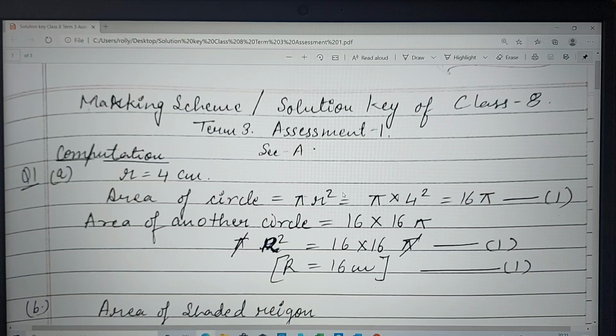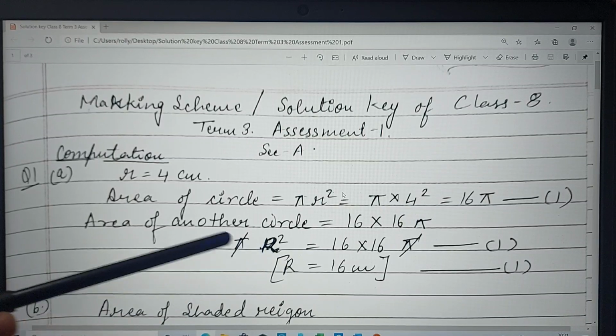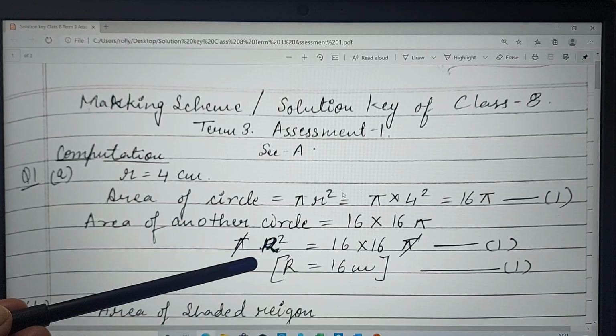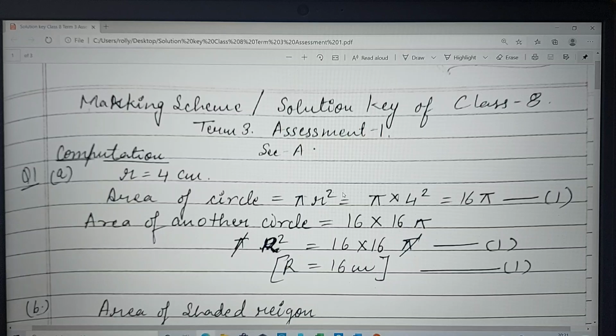Now we know that the formula for area of circle is pi r square. I have used capital R for the radius of this circle because we have already used small r for the radius of the previous circle. Clear? So when we are calculating the area of another circle, the symbol for the radius should be different from small r, so I have taken capital R. So pi R square will be equal to 16 into 16 pi.